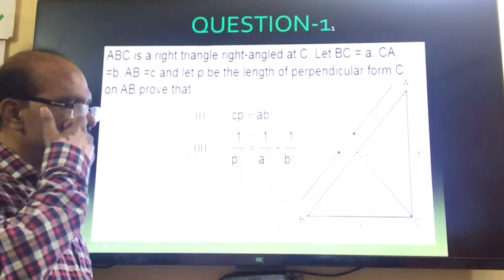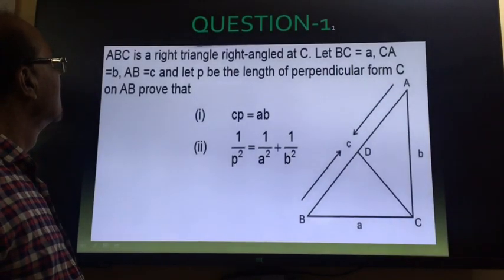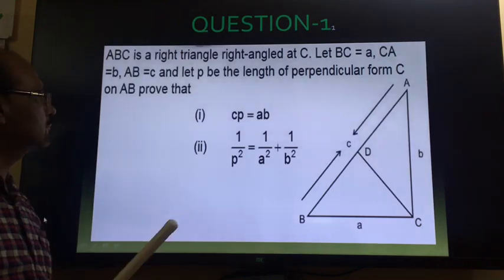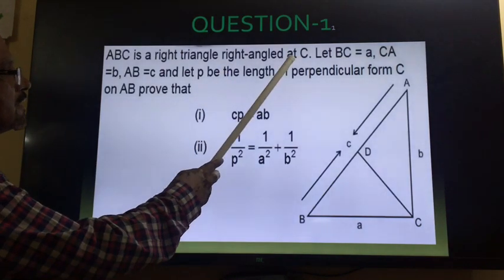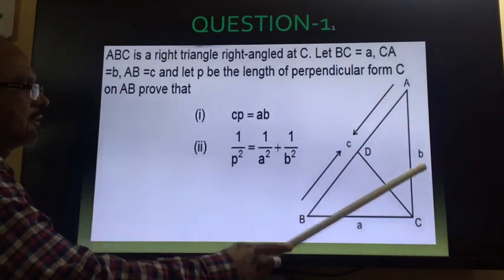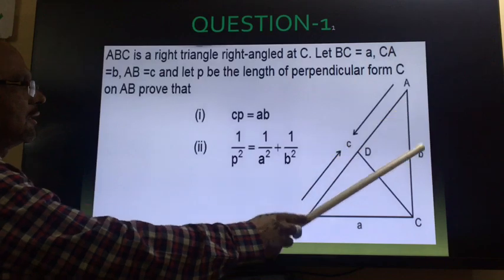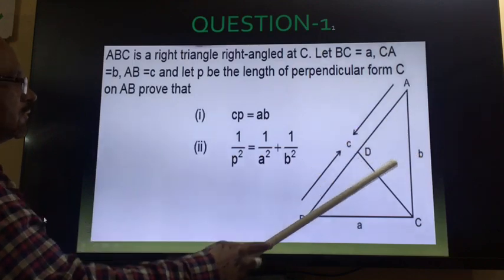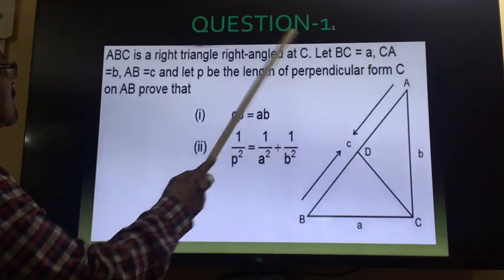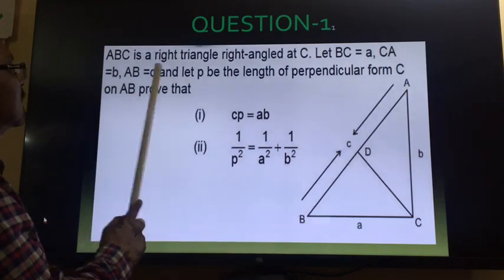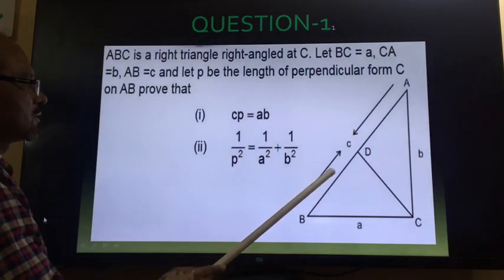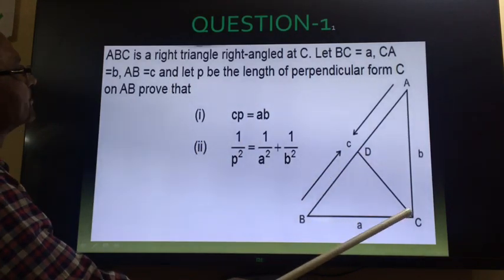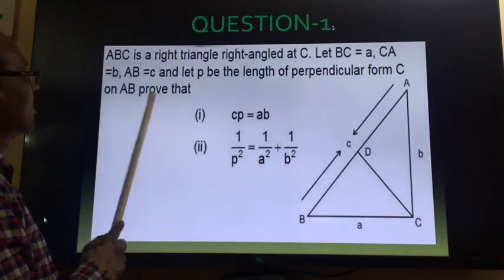So see, the first question is: ABC is a right triangle, right angle at C. So this angle ACB is 90 degrees, and BC is equal to a, CA is equal to b, and AB is equal to c, small c, and let p be the perpendicular length from C on AB.